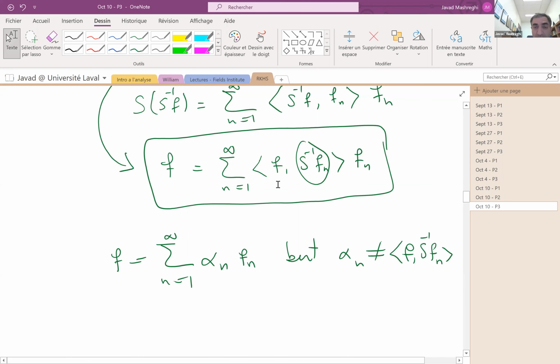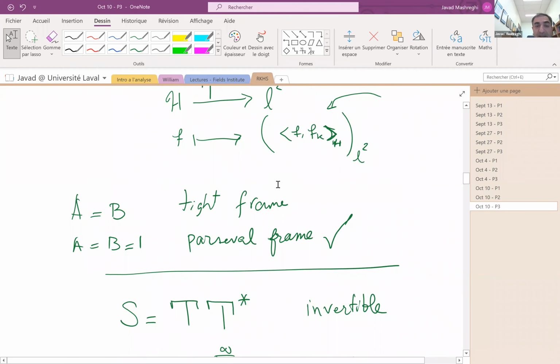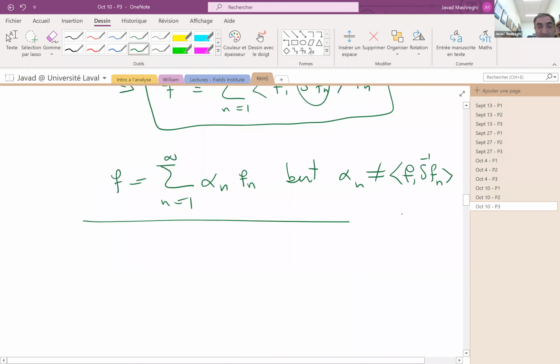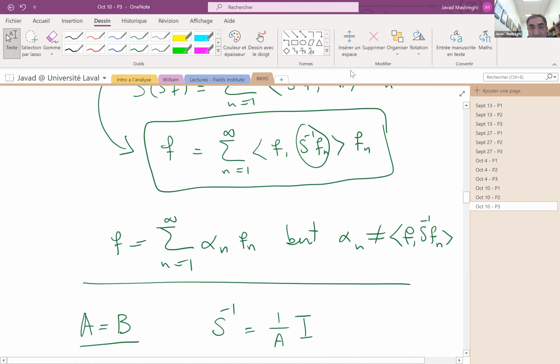That is why, in this case, tight frames and Parseval frames become more important, because in the case of a tight frame, when A is equal to B, S^-1 is very simple. It is just equal to 1 over A times the identity. So pretty much here, we obtain what we want.